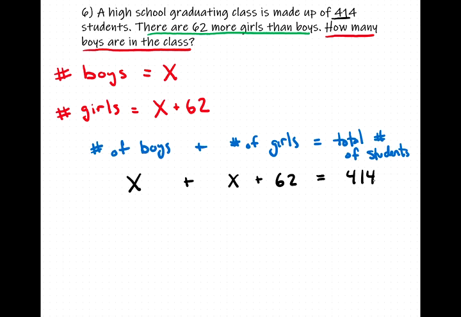And now we'll proceed almost identically as we did in number 5. The math is exactly the same, we just have slightly different numbers. So we have 2 x's on the left, so we can call that 2x plus 62 equals 414.